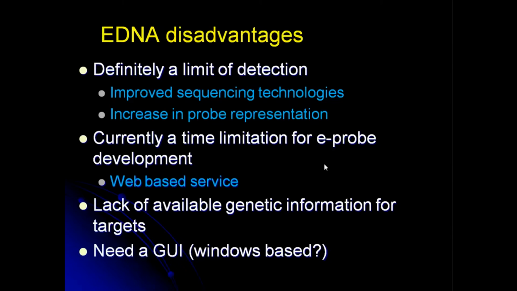Lastly, the major limiting factor is the lack of available information for your targets. So for viruses, it works very well because there are plenty of viral sequences. For bacteria, there's getting to be enough, so it's a very usable system. But you saw the sort of tricks that Anders had to go through to try and find enough genetic information to even build eProbes.